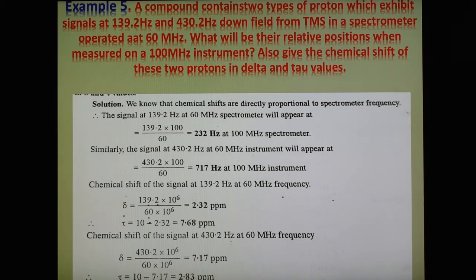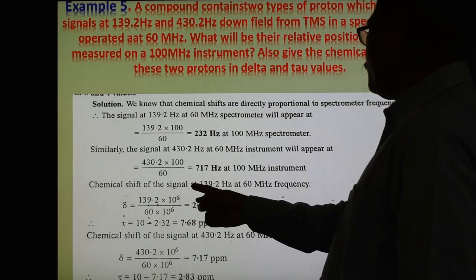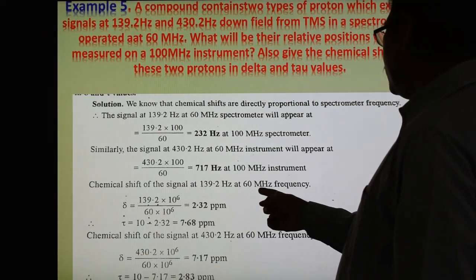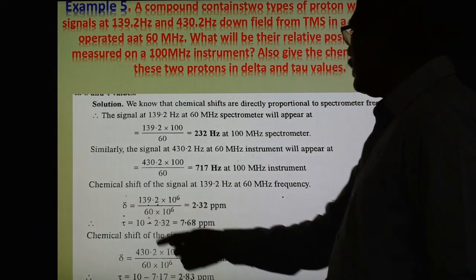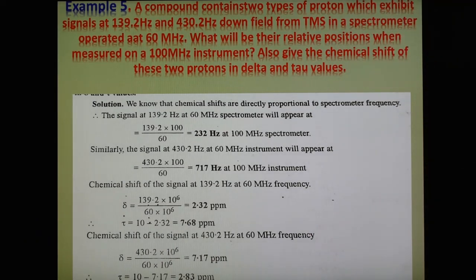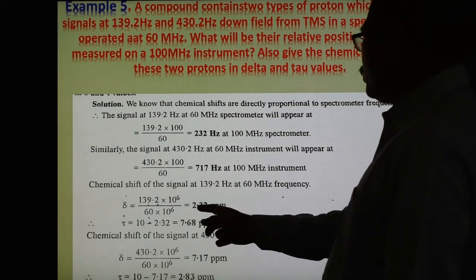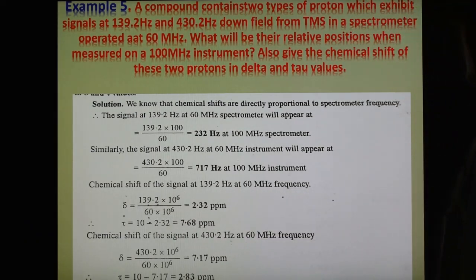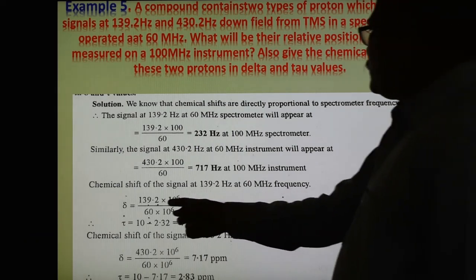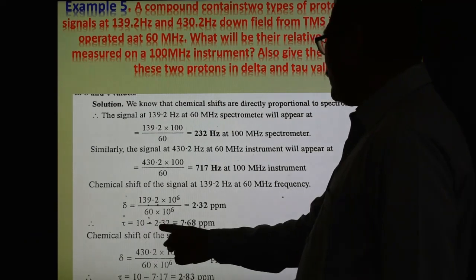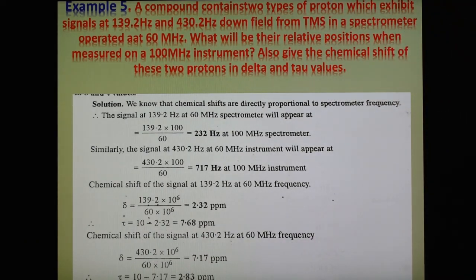Now the chemical shift of the first signal can be determined. The chemical shift of the signal at 139.2 Hz on 60 MHz: delta equals 139.2 into 10 to the power 6 upon 60 into 10 to the power 6, because we are going to determine it in ppm. After calculation the answer is 2.32 ppm. And as we know, 10 minus delta is the tau value. So 10 minus 2.32 is 7.68 in the tau scale.